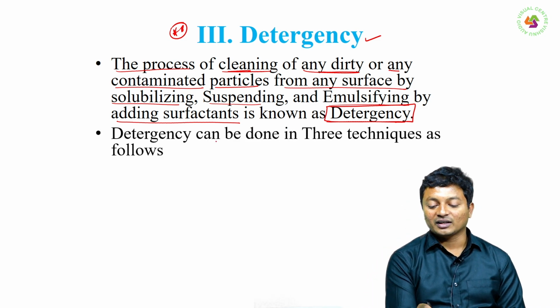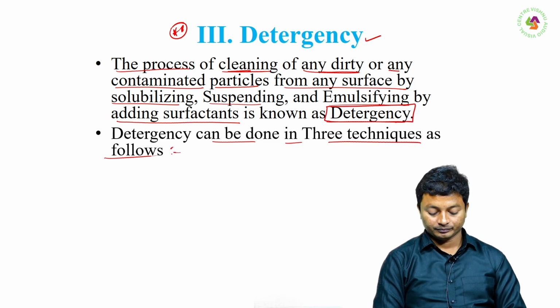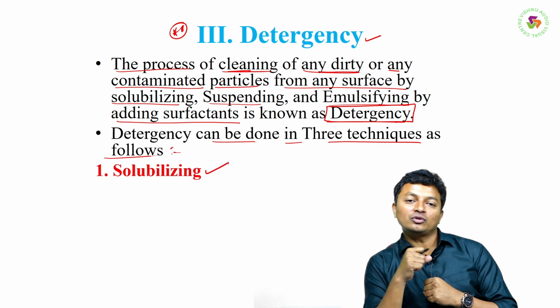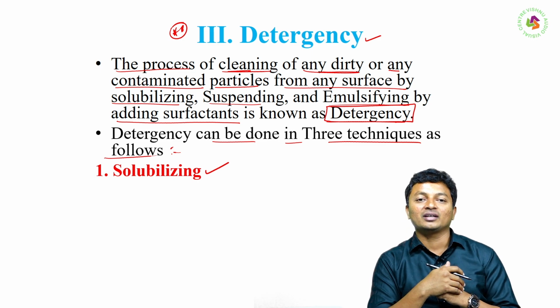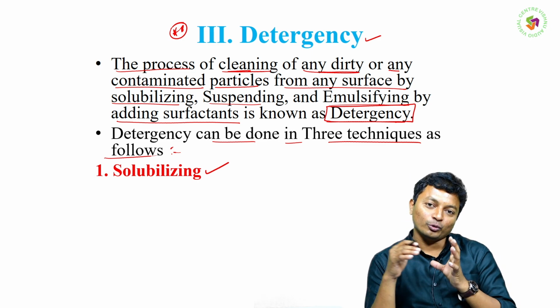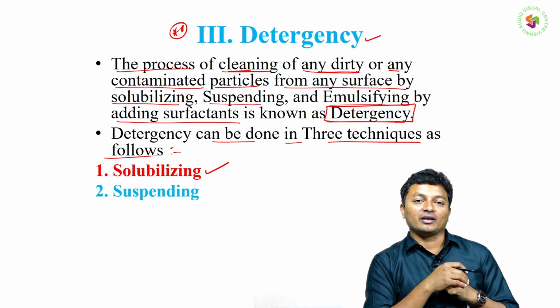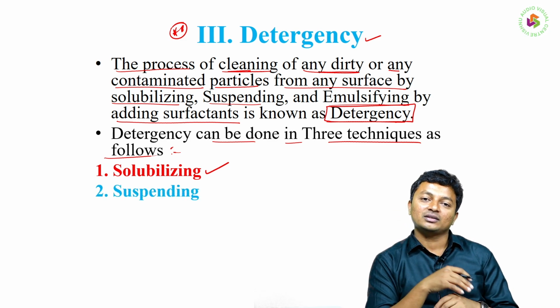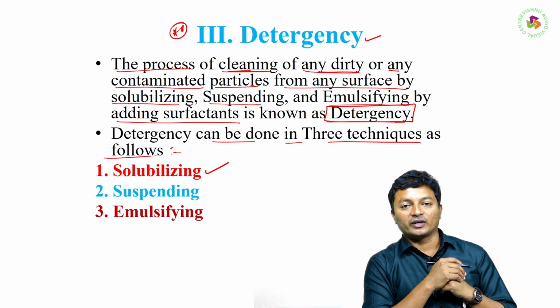The detergency can be done in three techniques as follows. First one, solubilizing: first we need to solubilize the surface which contains the dirty or unwanted particles, and then we go with suspending, where we suspend the dirt from the surface, and then emulsifying.